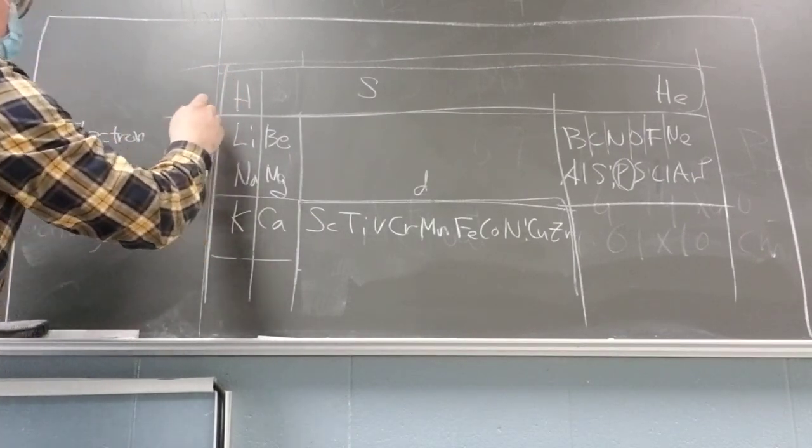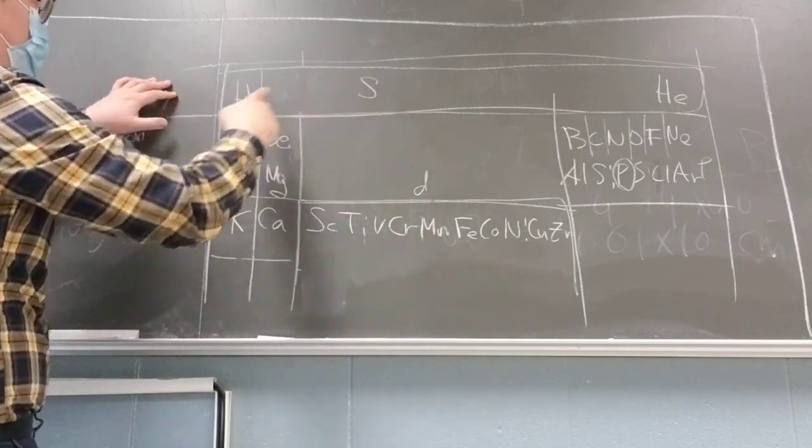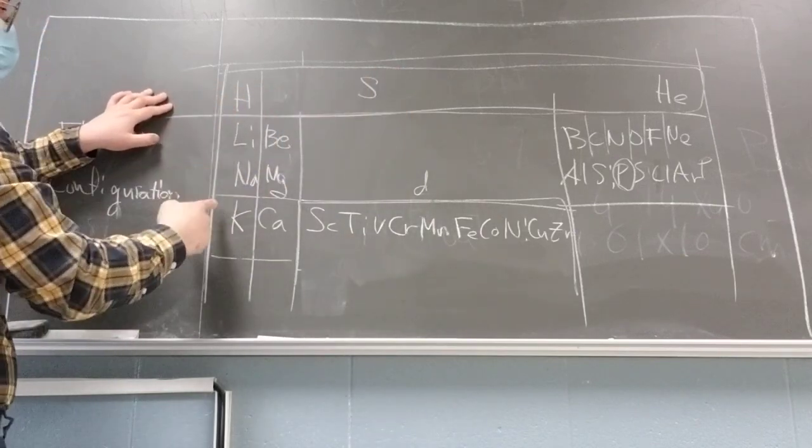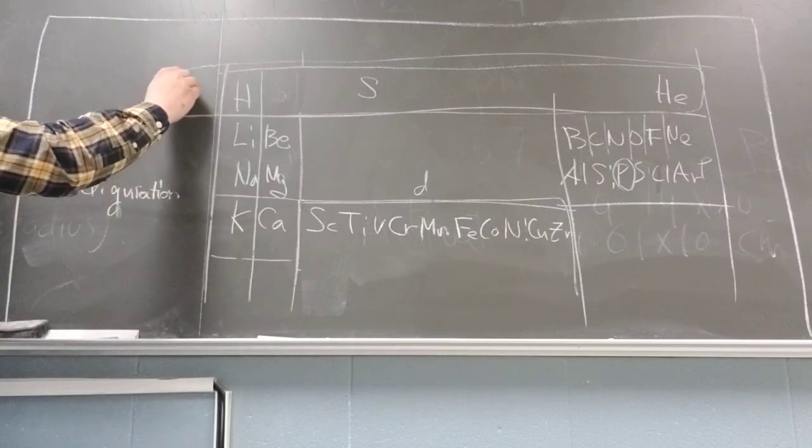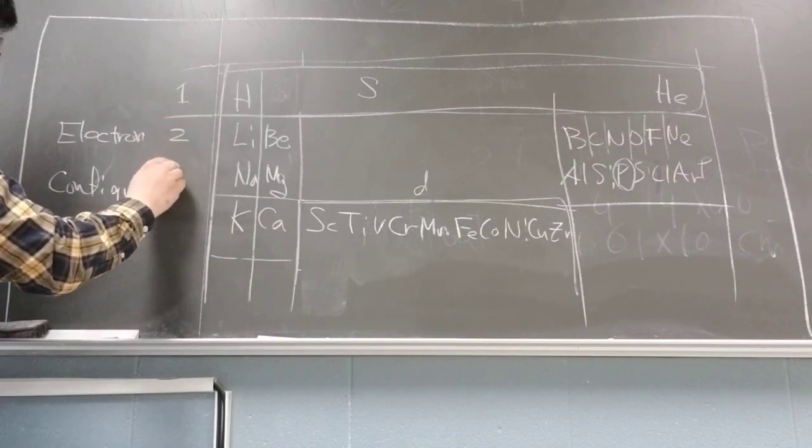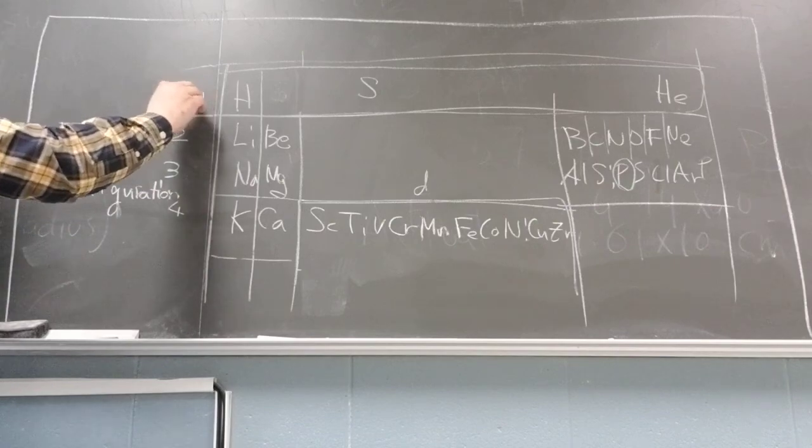For each period, first, second, third, fourth, you put 1, 2, 3, and 4, which is your energy level n.